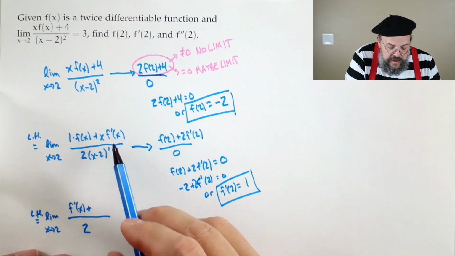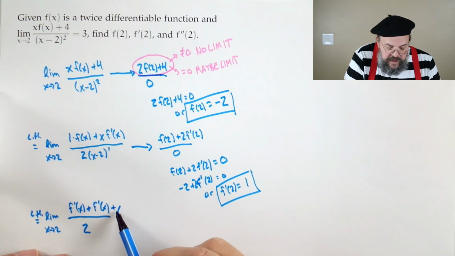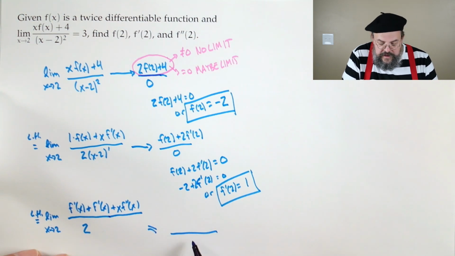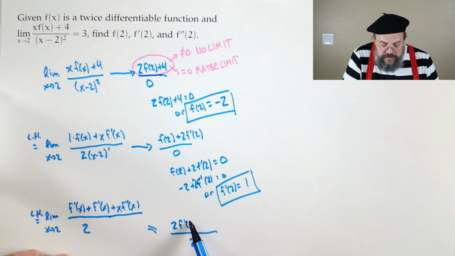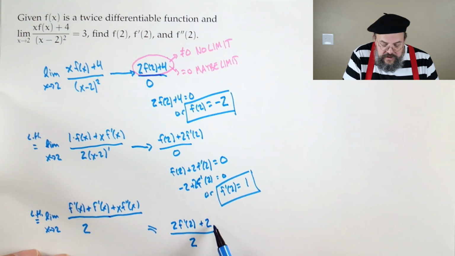The derivative of the first is 1, so times f prime of x, so that's f prime of x, plus x f double prime of x. Well, that goes to, since we have a 2 downstairs, that'll just be a 2. f prime of 2 plus f prime of 2, so that's 2 f prime of 2, and then plus 2 times f double prime of 2.